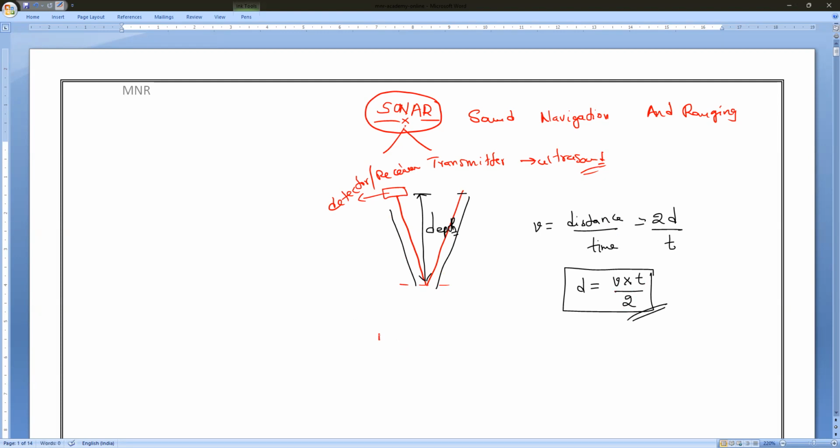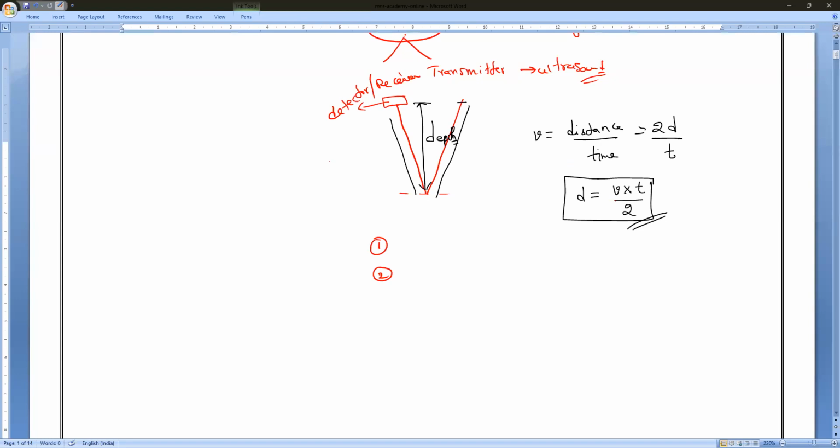So there are two reasons why we are using ultrasonic sounds. One is that they have high frequency, so they can penetrate into seawater to a large extent. Because of high frequency, they travel faster and can go very deep. And the second one is that we humans cannot hear ultrasonic waves, so that no confusion will take place.